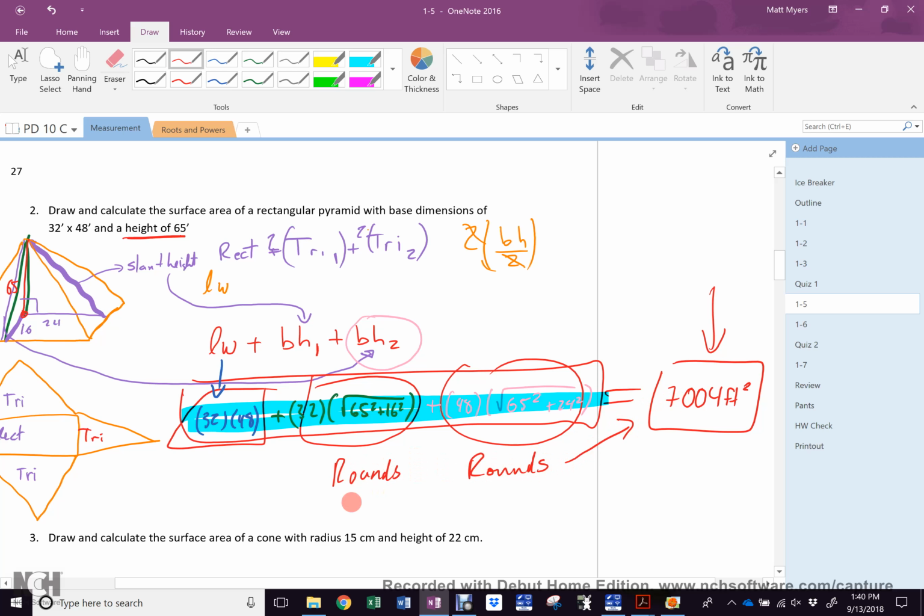If you leave this on your calculator and round at the end, you're going to have a different answer. Is it wrong? No, of course not. I do not care. That is why this stuff highlighted in blue is highlighted. That's what I need to see, because that's what shows me you know what you're doing.